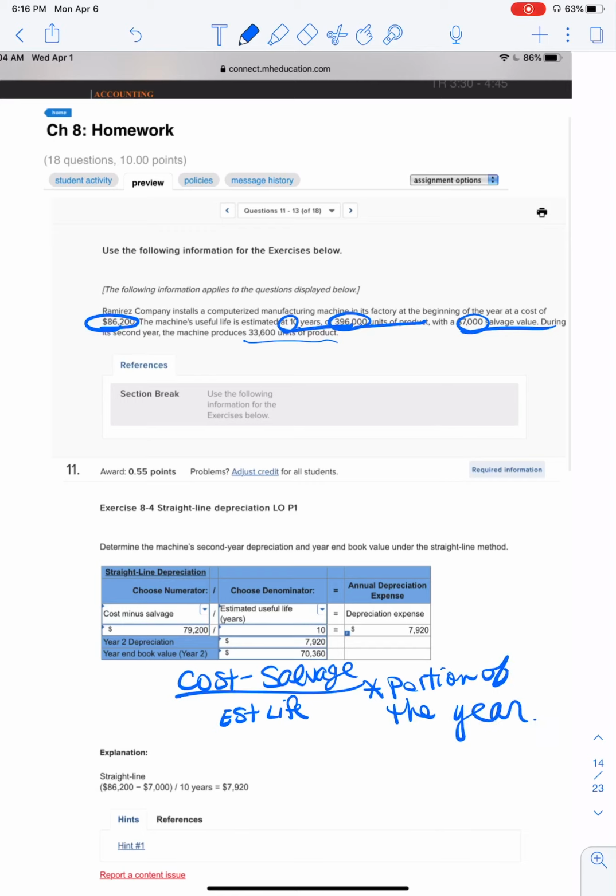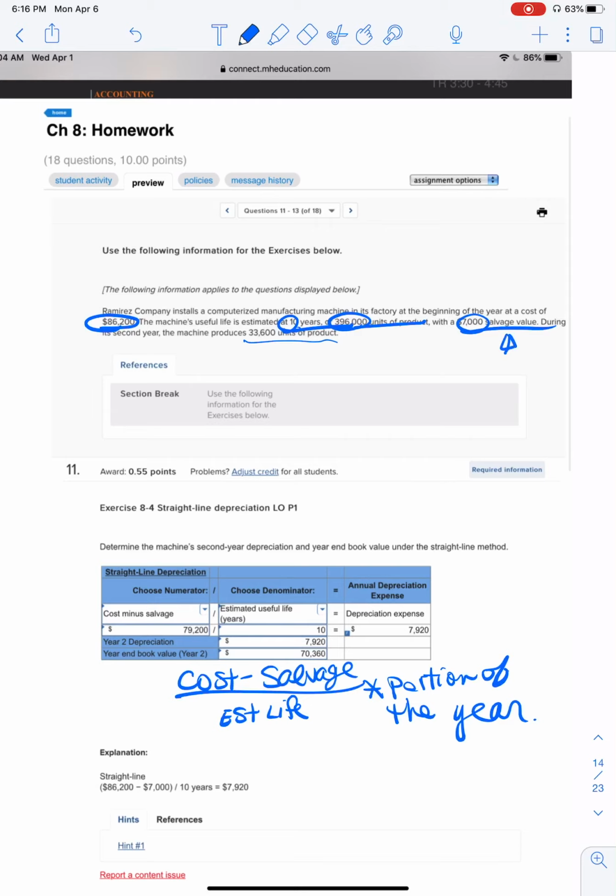Now, real quick, what else could salvage be called? You could also see salvage called remaining value at the end of the life, residual value, anything like that that's talking about the value that's left once this thing is fully depreciated. That is what we're going to use for this salvage value part of this calculation.